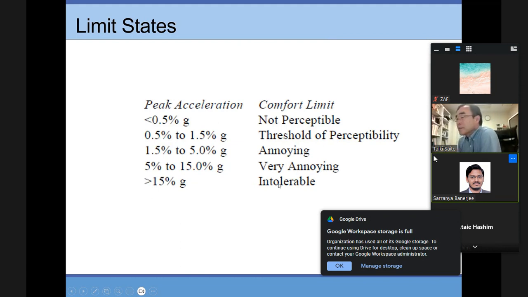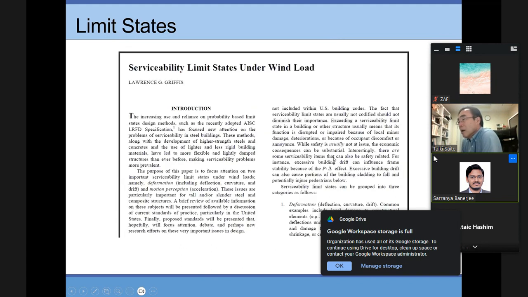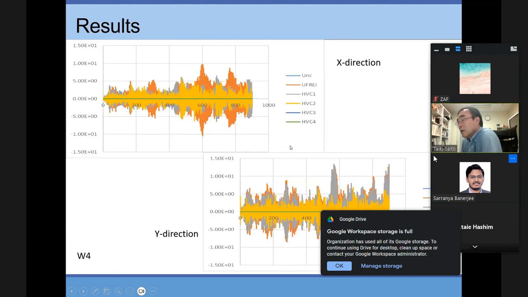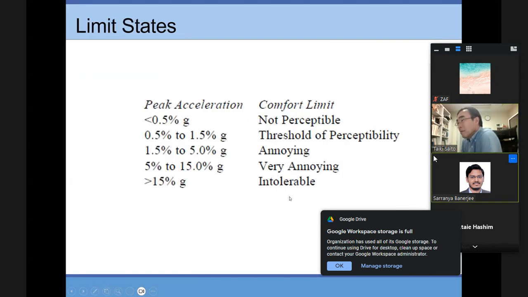If it is more than 15%, it is intolerable to the inhabitants, and these are the different limits. I wanted to place the acceleration values within these limits, so that I could show that by using the first stiffness TMD, I could make it not perceptible or just perceptible under the windstorm, and not annoying, very annoying or intolerable. This is what I propose in the paper.